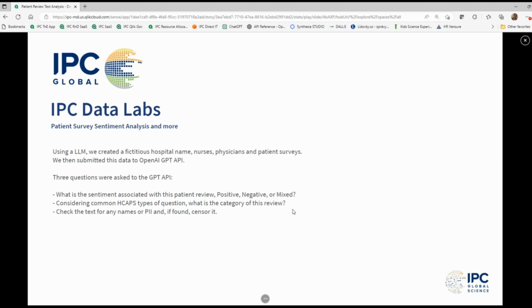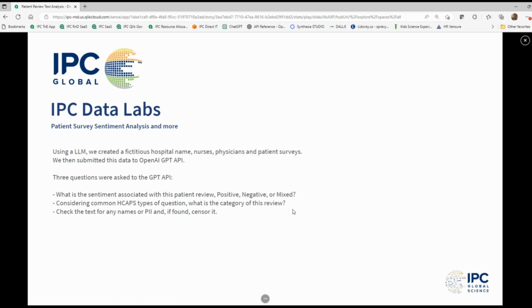Then we got that information and submitted it to the OpenAI GPT API automatically through a scripting process. And we asked GPT three questions. What is the sentiment associated with this patient review? Is it positive, negative, or mixed?